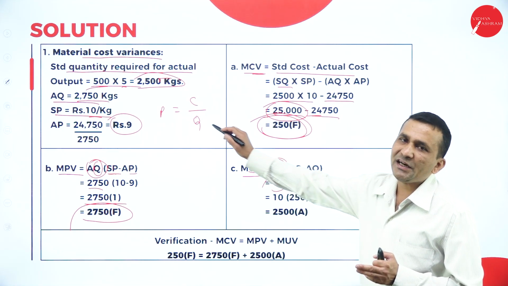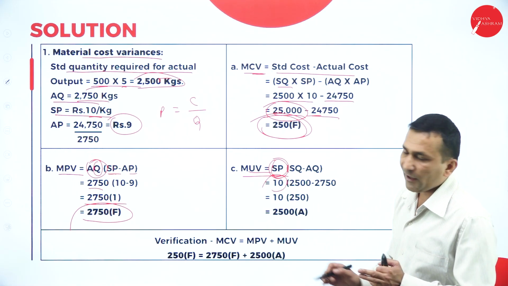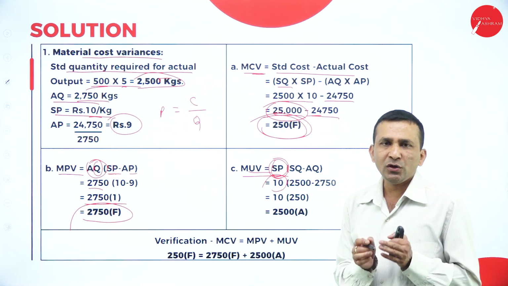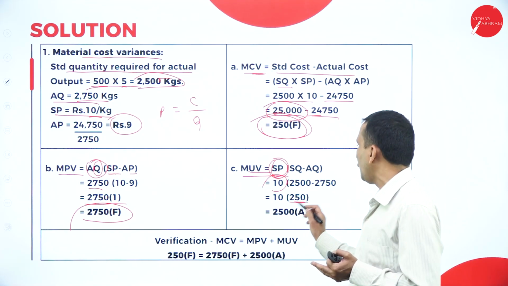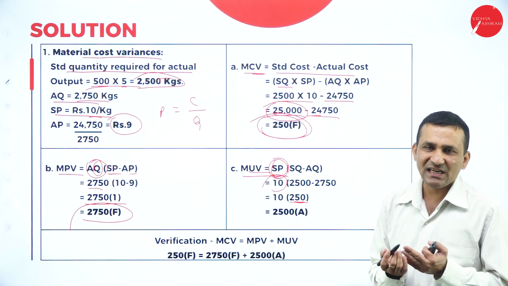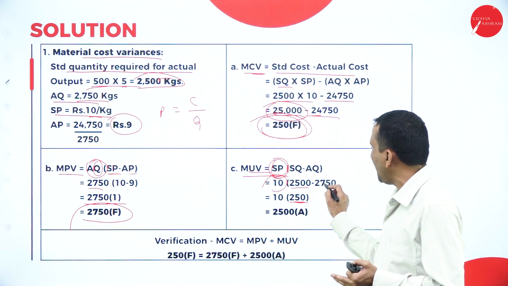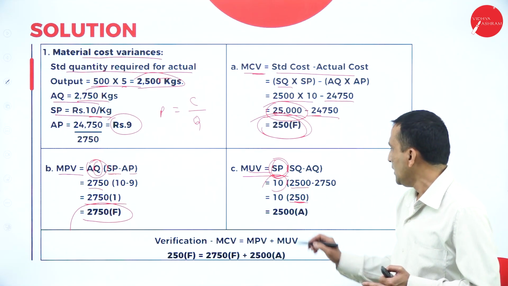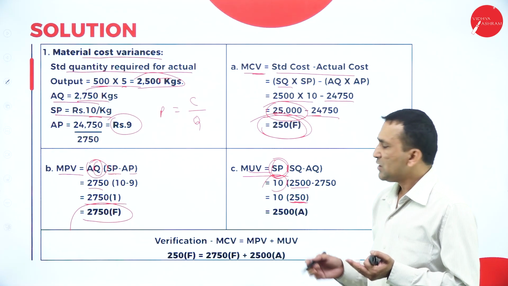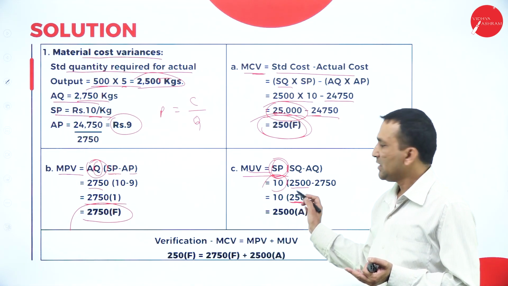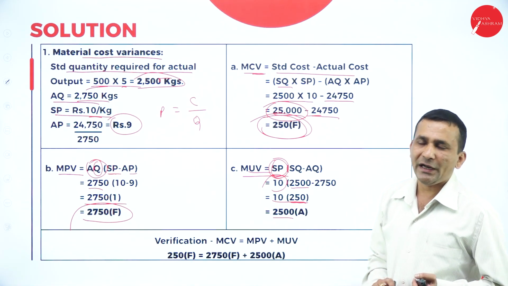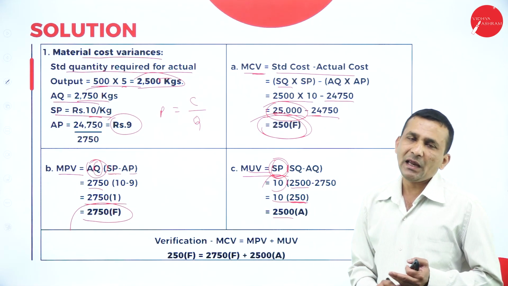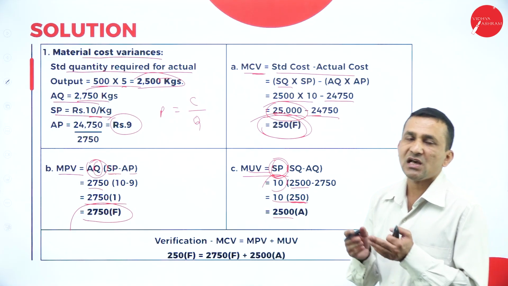Now standard quantity we calculated, 2500, minus actual quantity 2750. If you subtract, the difference is 250, which has a minus sign, right? So we don't want to write the minus sign. After multiplying, whatever answer you are getting, you need to write capital letter A, which is adverse, unfavorable.